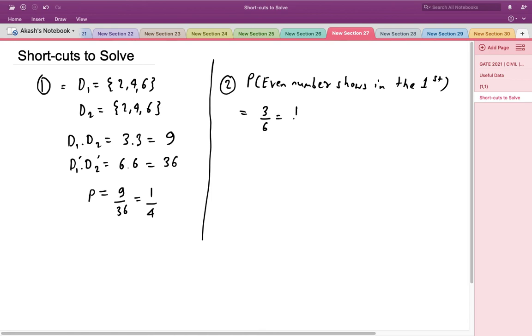So this would give me 1/2. Similarly, the probability that an even number shows in the second dice would also be equal to 3/6. That would give me 1/2.